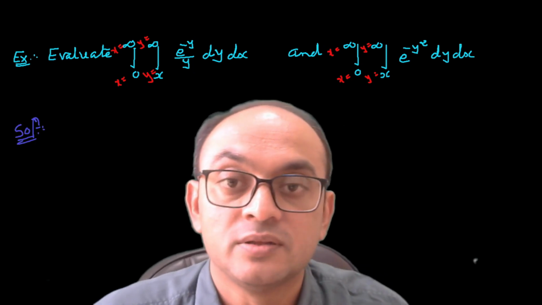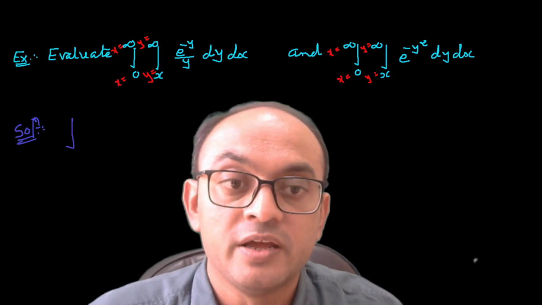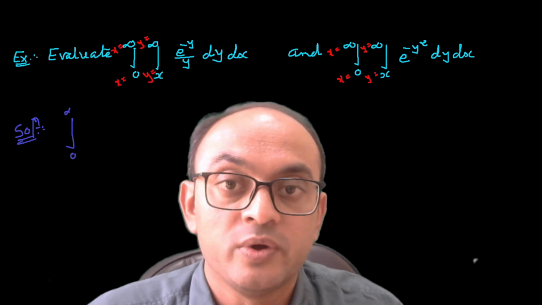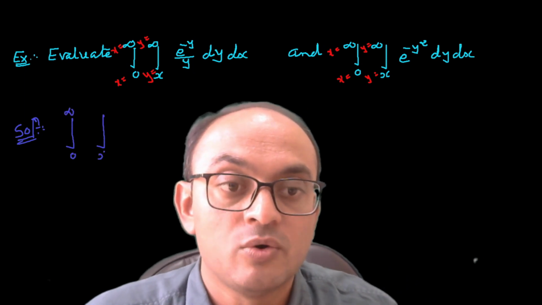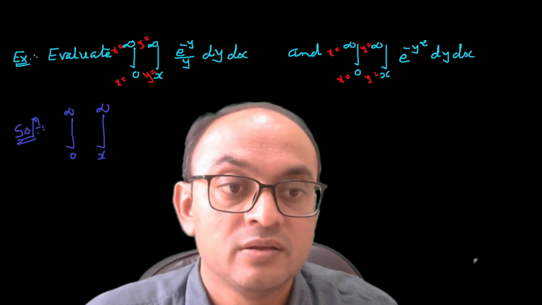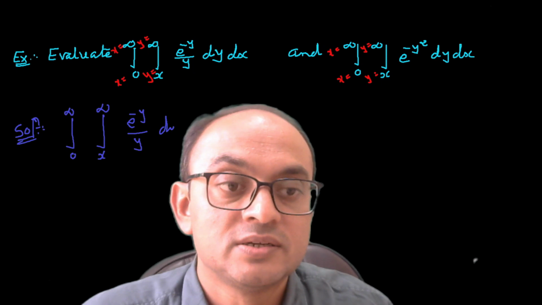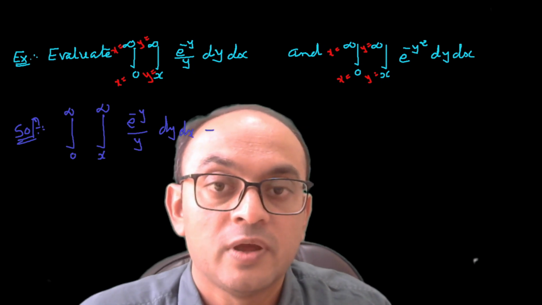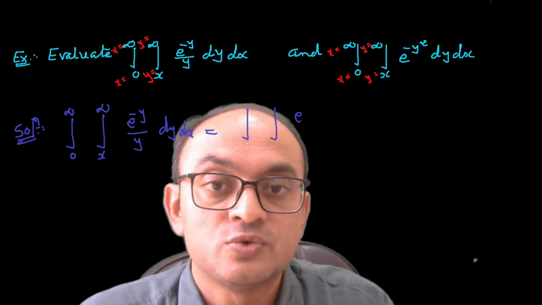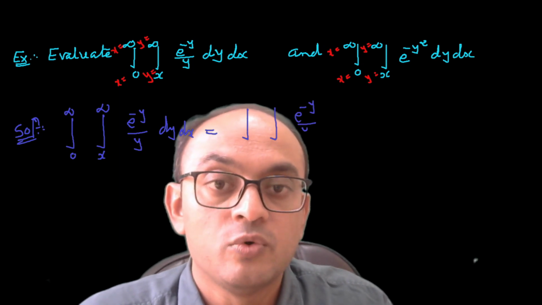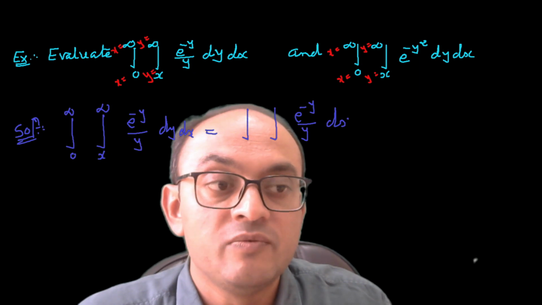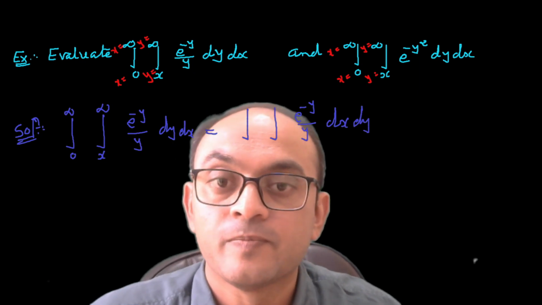Let's start with the first exercise, integration over 0 to infinity, integration over x to infinity, e raised to minus y upon y dy dx, is equal to integration e raised to minus y upon y dx dy I want, right?